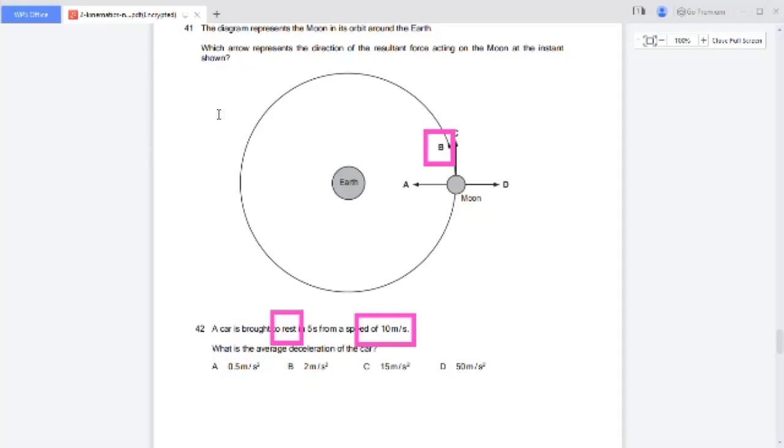So we can write it like this: final minus initial, that is 0 minus 10, divided by 5 seconds, which is equal to minus 2. So the average acceleration of the car is minus 2. So our correct option is this one.